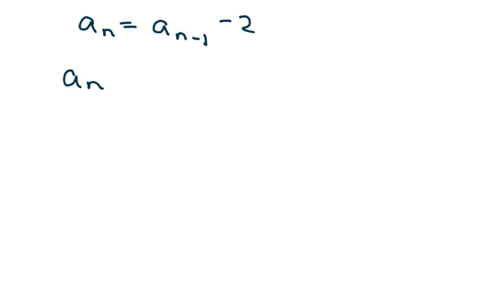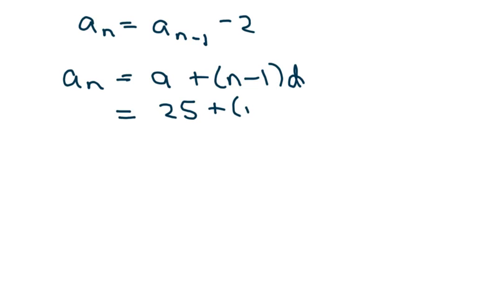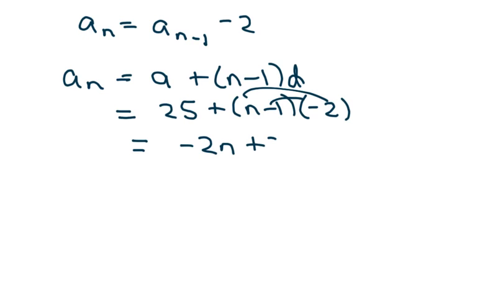And my nth term is going to be the first term plus n minus 1 times d. We figured out our first term was 25, plus n minus 1 times negative 2. Distribute and collect terms, and you're going to get negative 2n plus 27. And that is your nth term.